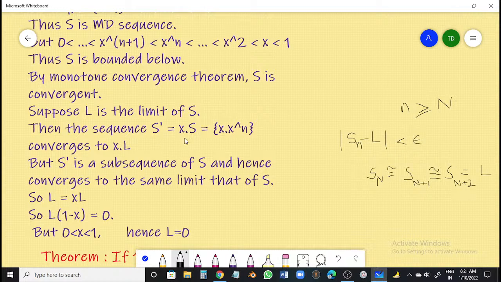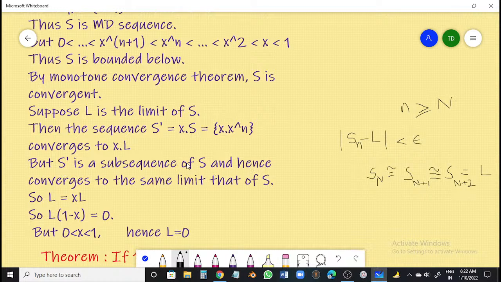It is a subsequence of the original S, and this will also converge to c times, I mean x times L. A multiple of a convergent sequence converges to the same multiple of the limit. This is our theorem.